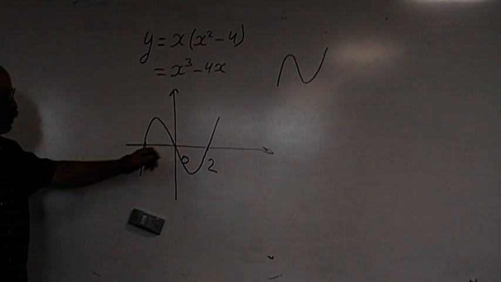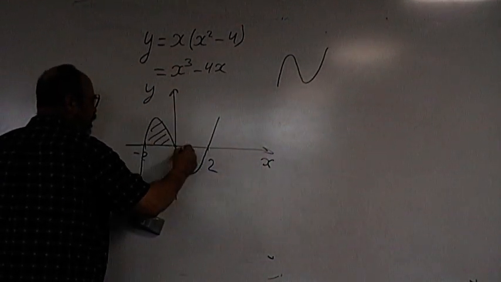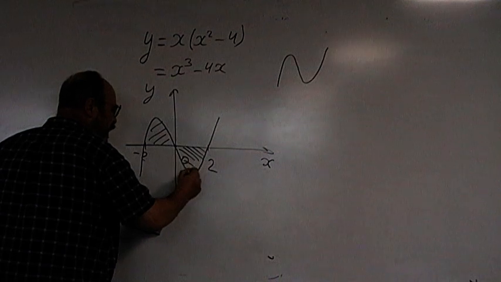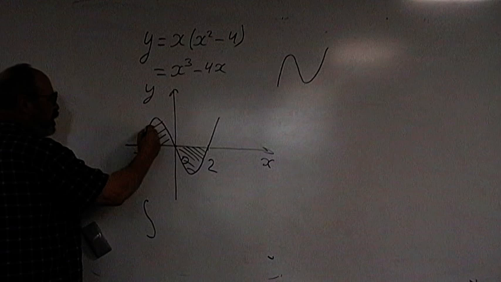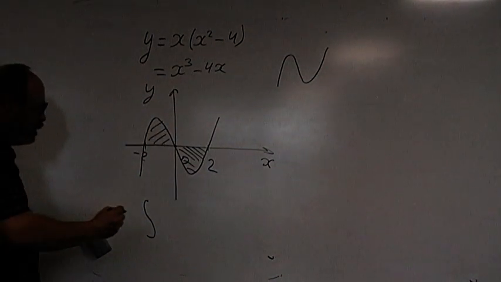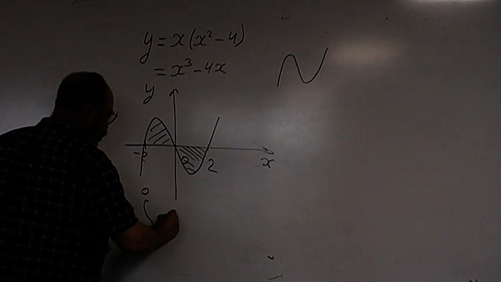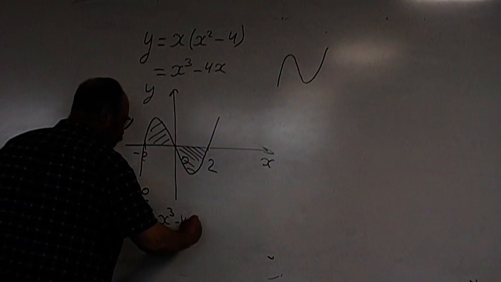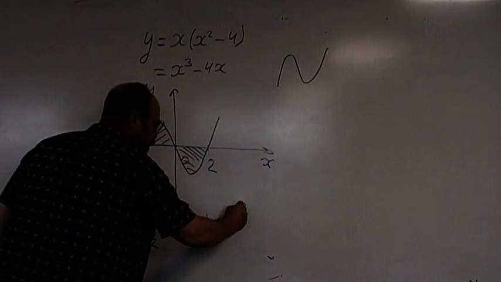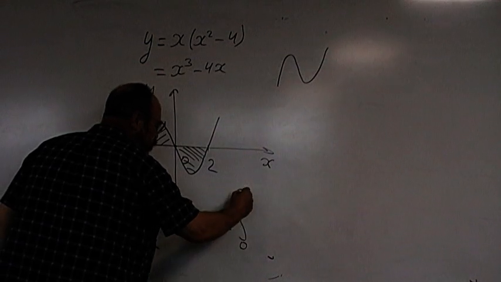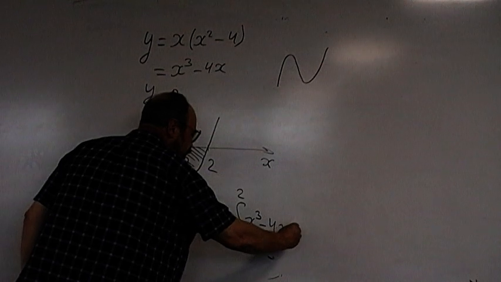If you're looking to find the area enclosed between the graph and the x-axis from minus 2 to 2, we break it in two parts, minus 2 to 0 and 0 to 2. The area will be equal to the integral from minus 2 to 0 of x cubed minus 4x dx, which is above the x-axis, minus the integral from 0 to 2 of x cubed minus 4x dx.